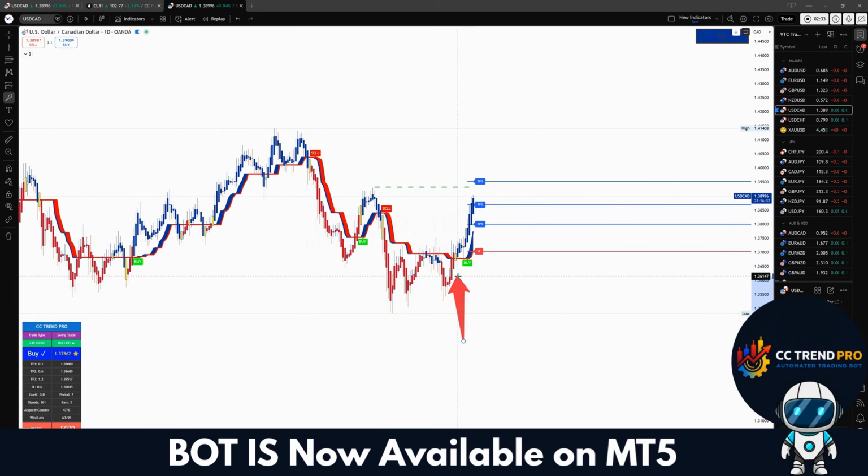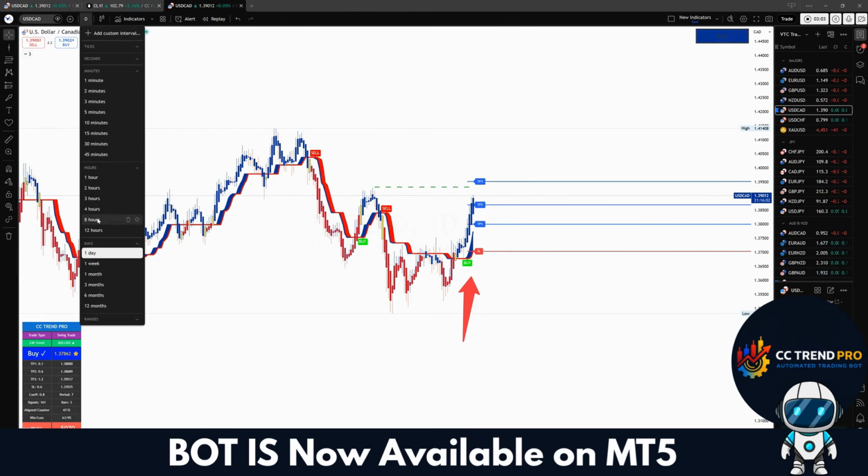So how do we position ourselves so we can go with the trend? Well, you have to pick a time frame that you're going to use as your directional bias. So again, you can use the daily time frame as your directional bias, meaning if price is above these moving averages right here, on the lower time frame you're only looking to buy in the direction of the higher time frame, the daily time frame.